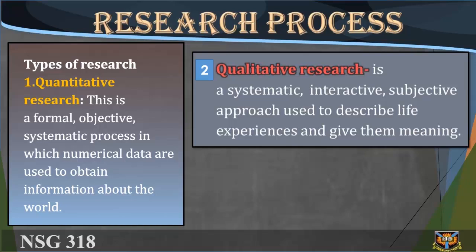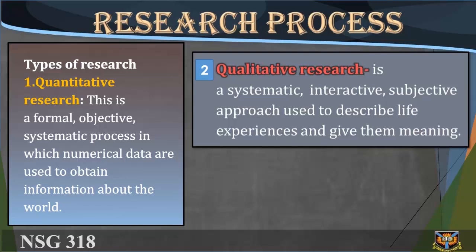2. Qualitative research is a systematic, interactive, subjective approach used to describe life experiences and give them meaning. It emphasizes verbal descriptions and explanations of human behavior. Rather than concerning itself primarily with representative samples, qualitative research emphasizes careful and detailed descriptions of life experiences such as pain, caring, and comfort.